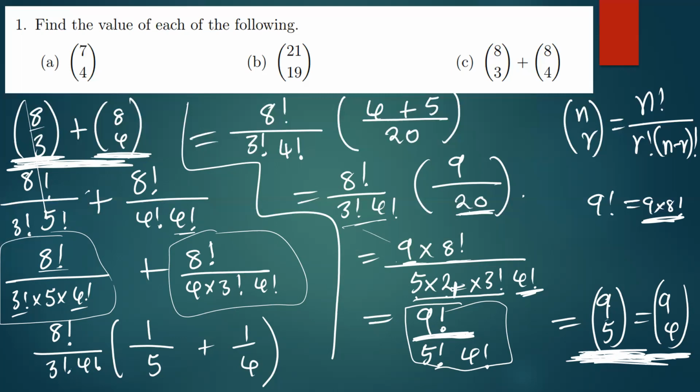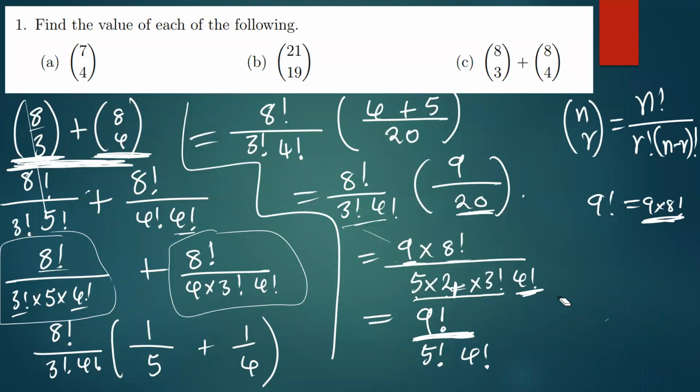So to find the value of 9 choose 5, we simply have to evaluate what we already have there. So 9 factorial can be written as 9 times 8 times 7 times 6 times 5 factorial.